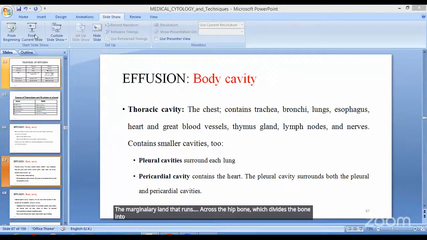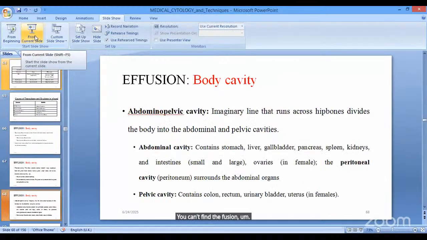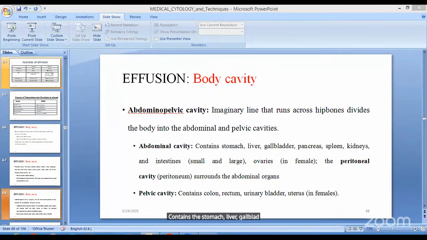Abdominopelvic cavity, the imaginary line that runs across the hip bone, which divides the body into the abdominal and pelvic cavities. You can't find effusion collecting there, settling there. Abdominal cavity contains the stomach, liver, gallbladder, pancreas, spleen, kidney, the intestines, the ovaries, the peritoneal cavity, which surrounds the abdominal organs.